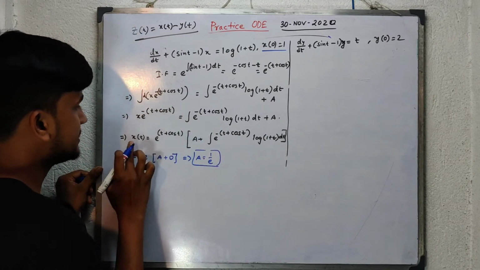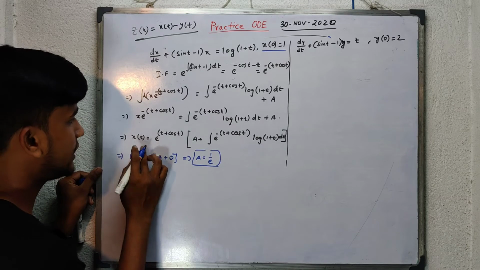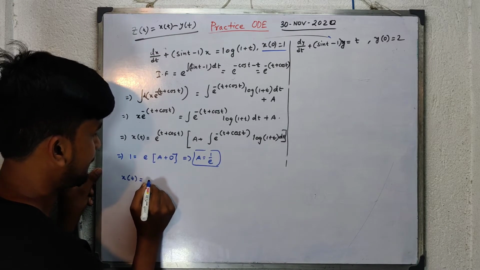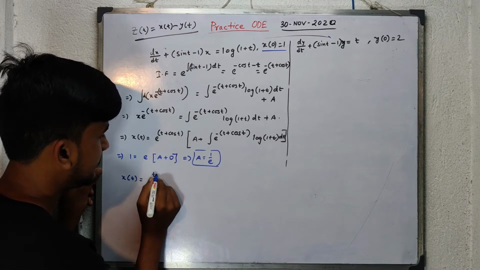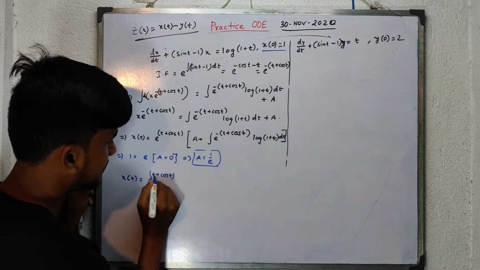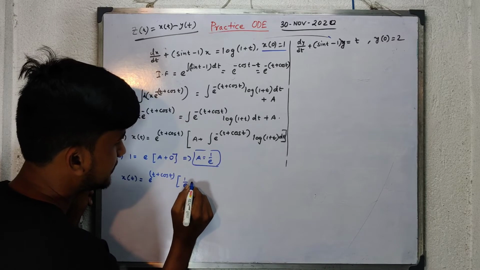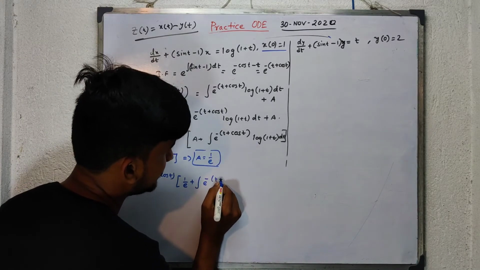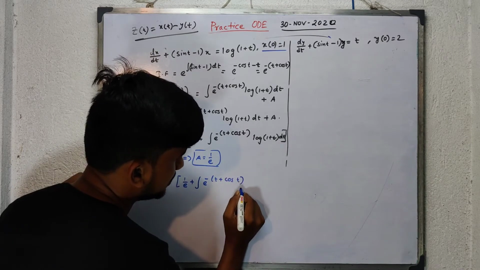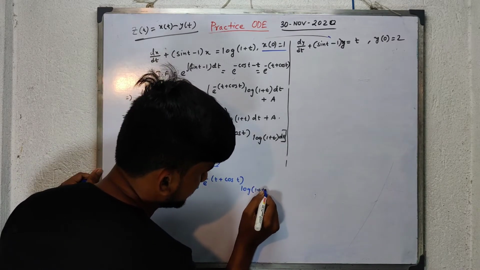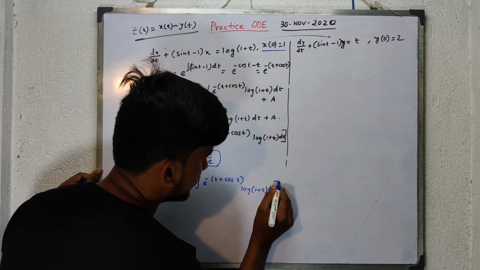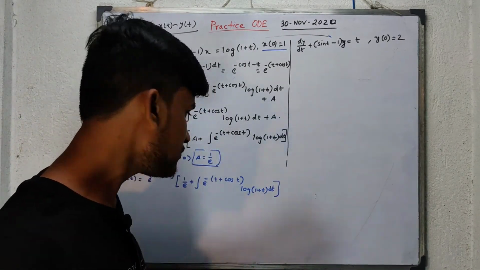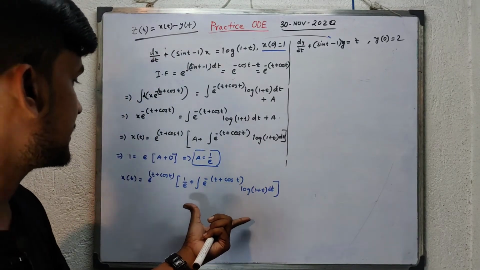That means from here we get x(t) equals exponential (t + cos t) into 1/e plus the integral of e^(-t + cos t) log(1 + t) dt. Okay, this is x(t).